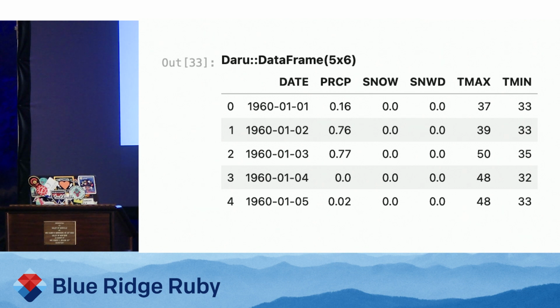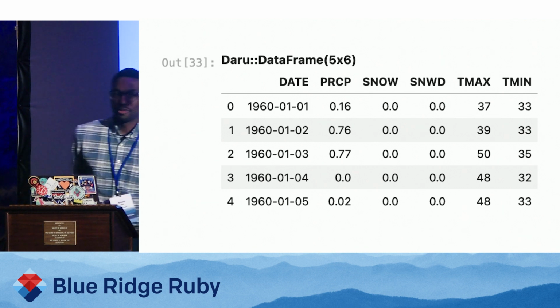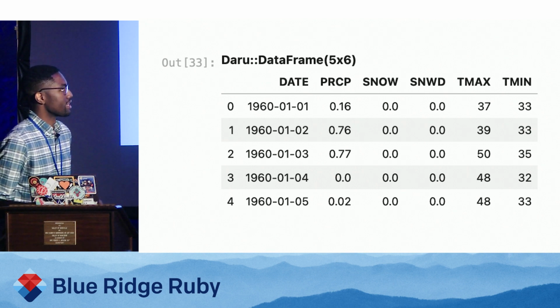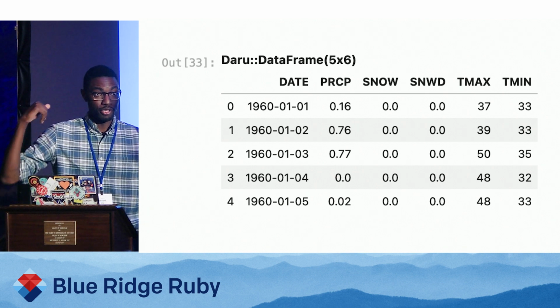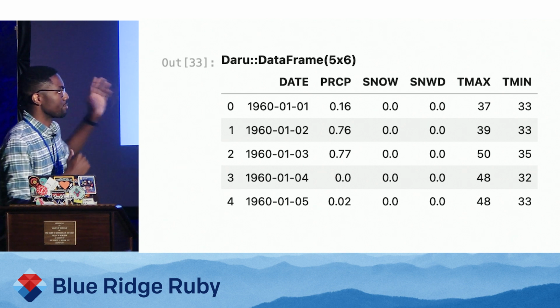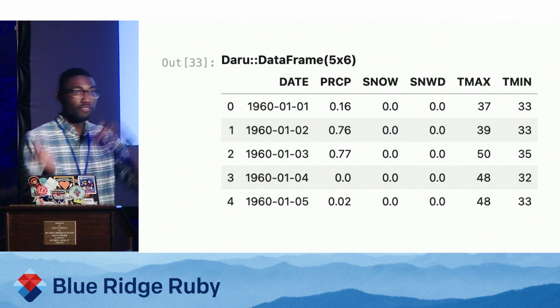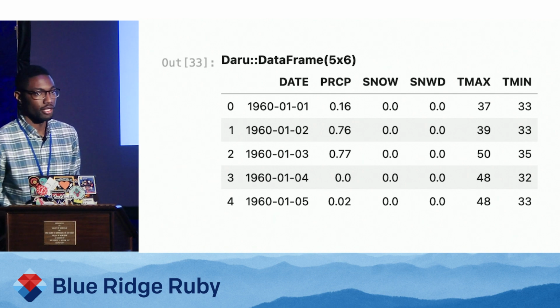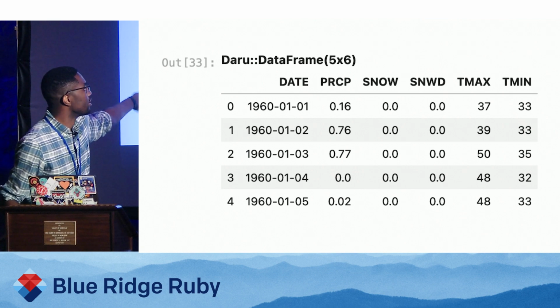Right here, 37. One of the problems is we don't want to use 37 to predict 37, because 37 is the max temperature for today. We don't want to use that to predict the max temperature for today. We want to use the previous day's max temperature to predict tomorrow's max temperature. But we don't have that here.